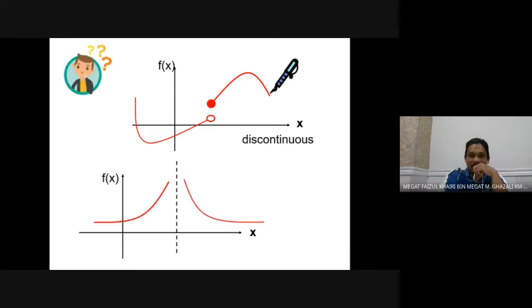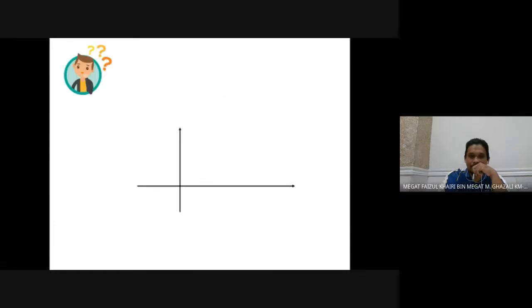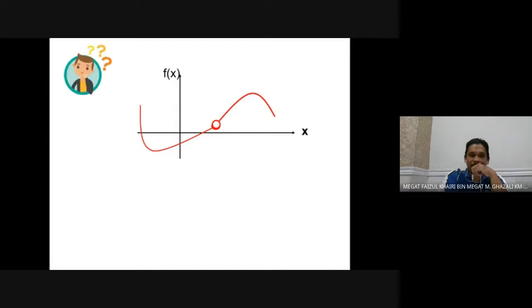And what about this one here now? It is not connected. So on the left side, then jump to the other side and sketch it on the right side. So this is discontinuous. And what about this one? Sketch on the left side, then the pen jumps for a dot, and then the other side.